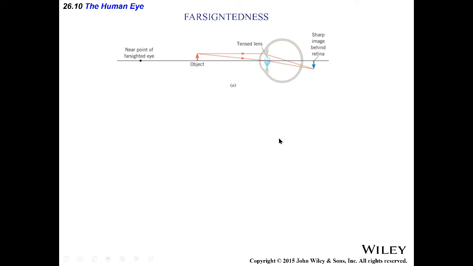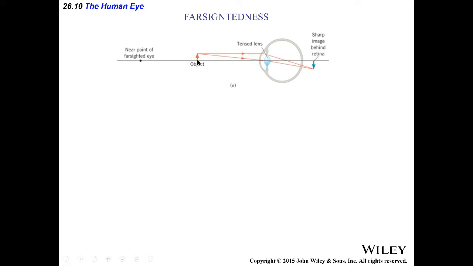You got the sense now? My human eye is not able to converge. It's not able to focus because it's able to focus it only way behind my retina.